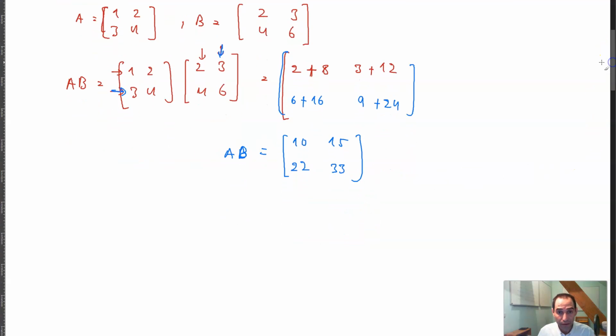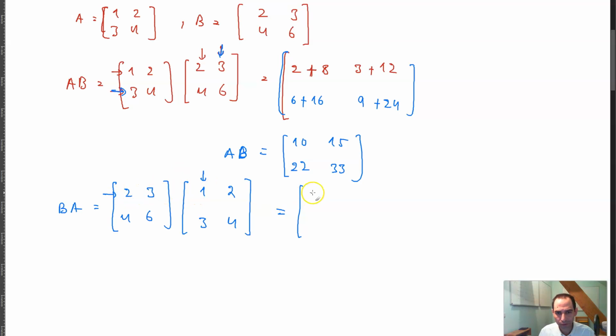Now B times A in this case would be 2, 3, 4, 6 times 1, 2, 3, 4, which is equal to 2 times 1 is equal to 2, plus 3 times 3 is equal to 9, and then 2 times 2 is equal to 4, 3 times 4 is equal to 12, and 4 times 1 is equal to 4, and 6 times 3 is equal to 18.